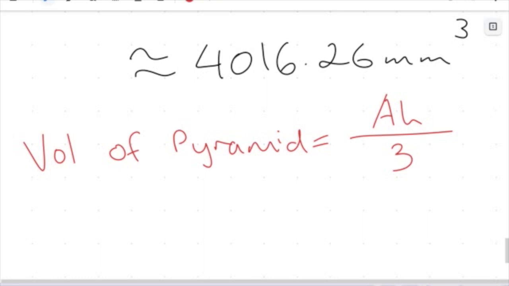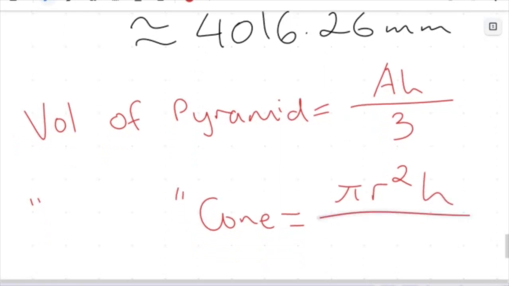The volume of a cone is 1/3 of the volume of a cylinder with the same dimensions. So a cross-sectional area, which is pi r squared, the area of a circle, times the height, and my cone is 1/3 of that. So we take that volume and we divide it by 3.